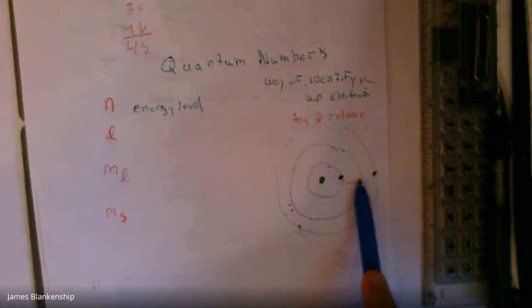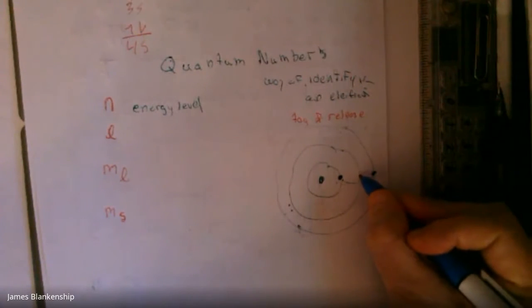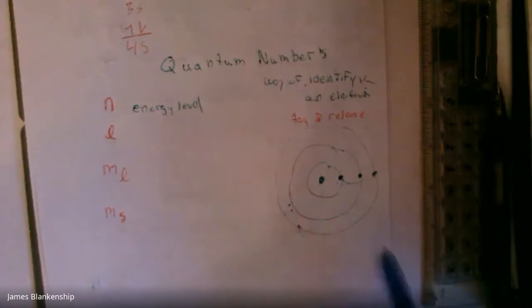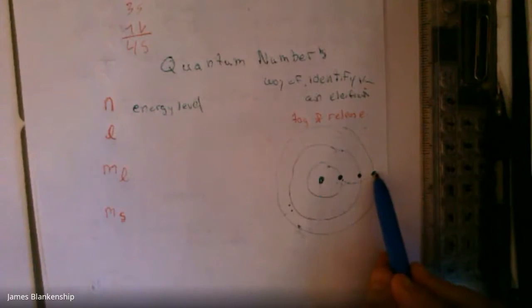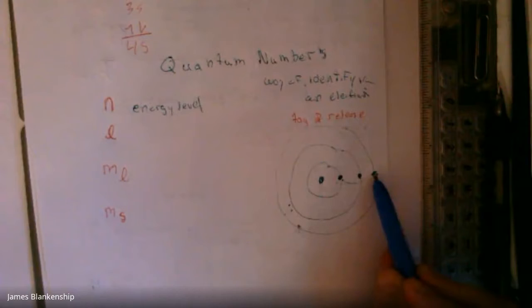Without getting too much into quantum mechanics, what Niels Bohr said is that the electron is either here or here. There is no moment where you will capture a picture, even with the best camera, where the electron is moving from here down to here. The electron's either here or here.